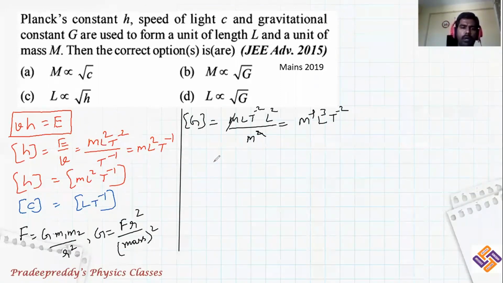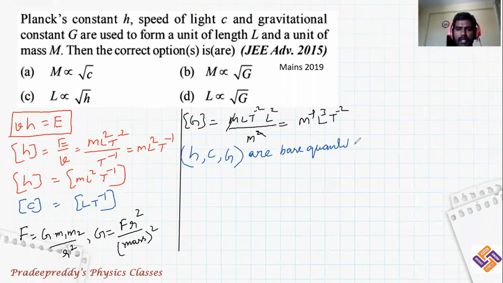Okay. Now what is mentioned in the problem? It is mentioned in the problem that H, C, capital G are base quantities.